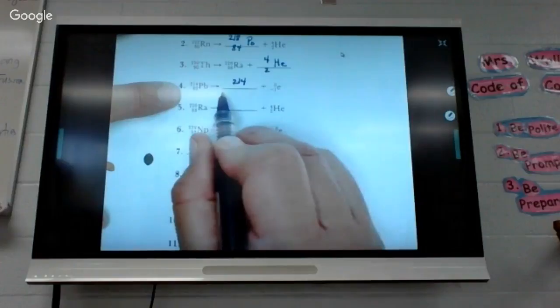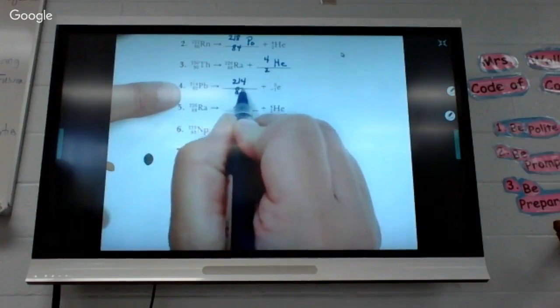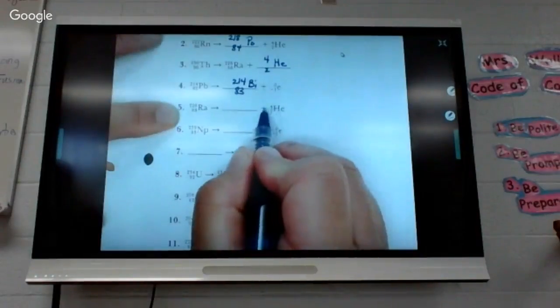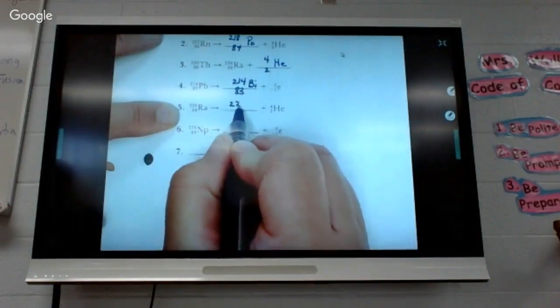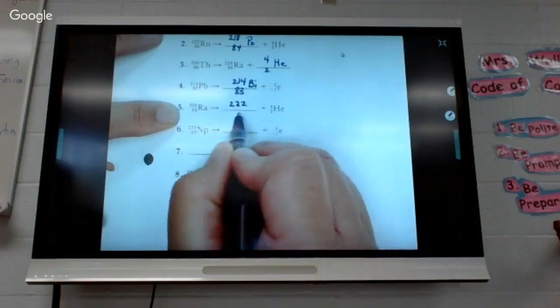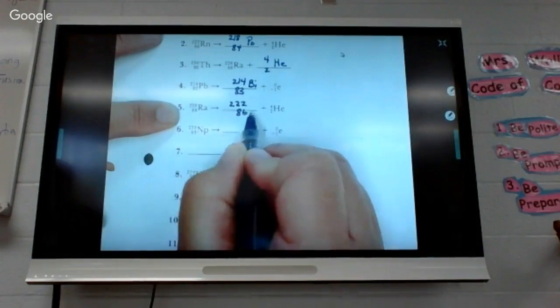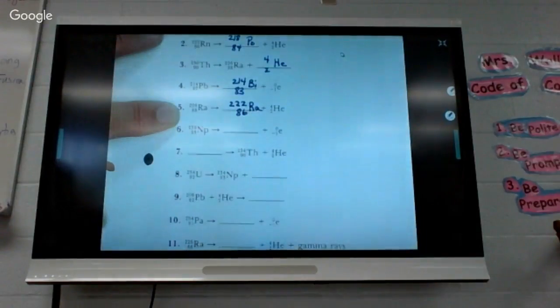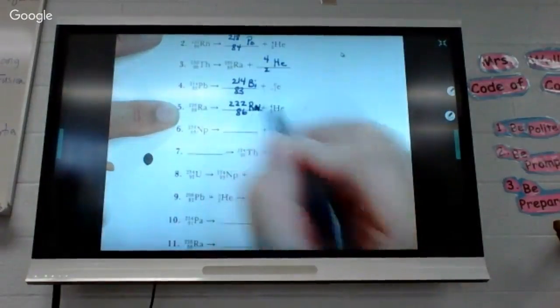Negative 1 plus what will give me 82? So I'm going to have what? BI? And then this one, I've got 4 plus 222. 2 plus 86. And what do I get here? RA or RN? RN. I thought y'all said RN and I wrote RA.